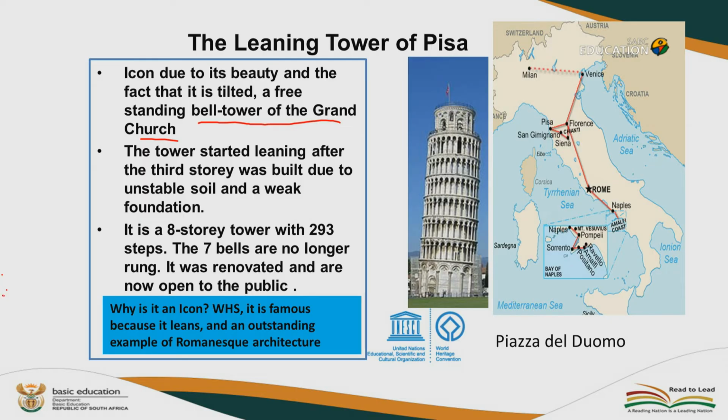The 7 bells are no longer rung. It was renovated and is open to the public now. Remember, UNESCO must continuously maintain the structure so that it is open to the public. So this is our Leaning Tower of Pisa. Pisa is where it is situated. That is why it is called the Leaning Tower of Pisa.